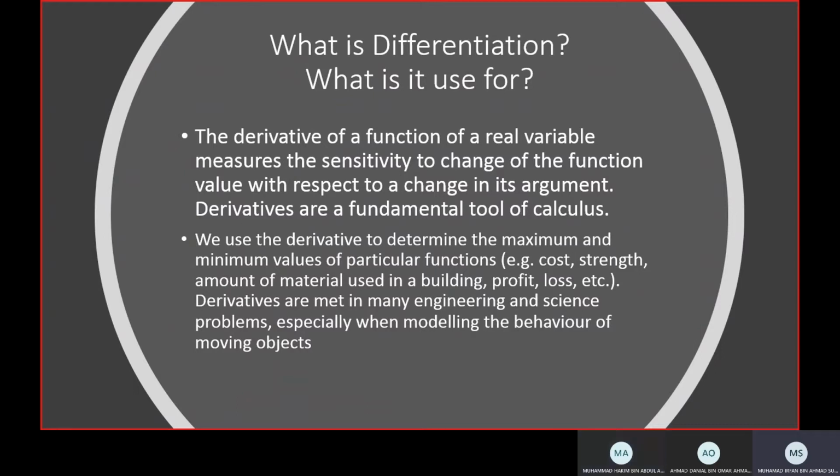So, what is the application and what is the use of differentiation? For this video, we'll only talk about one application, which is maximum and minimum. Maximum and minimum is useful because we can calculate the cost, the strength, the amount of material used in the building, profit and loss, and etc. There's a lot of use of it.